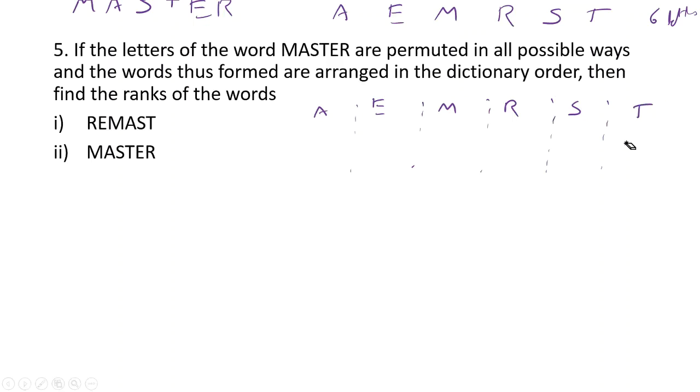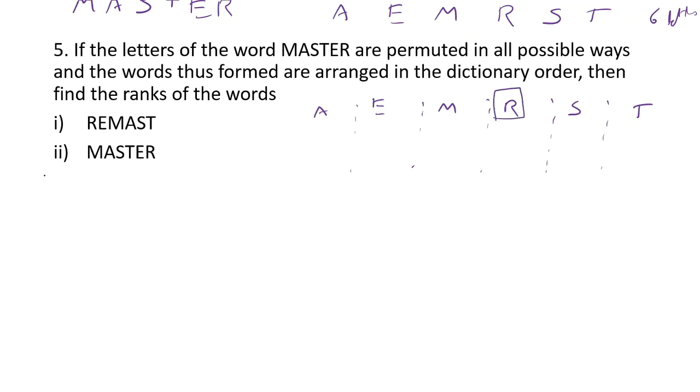Now I have to look for this word REMAST. This REMAST will not be in the first, second or third page; it will be in the page starting with R. So before coming into this page, I have to count how many words are there in the first 3 pages. So our required word will be in this page, which begins with R.